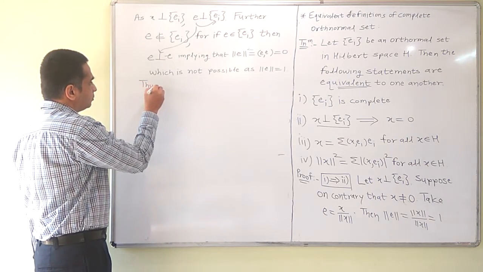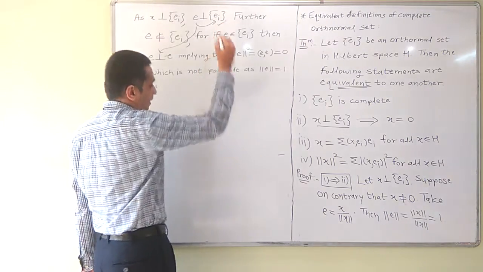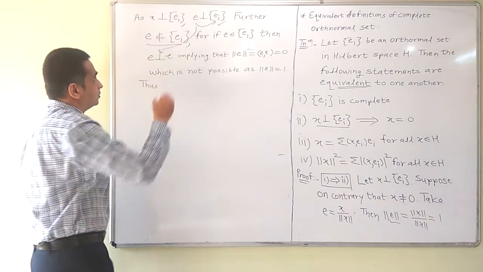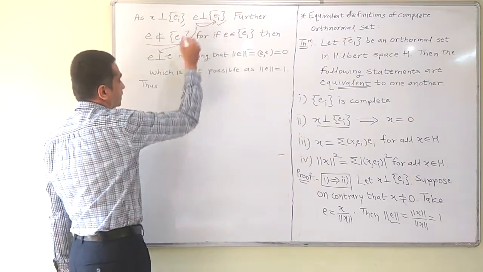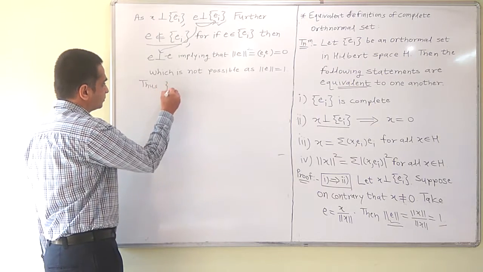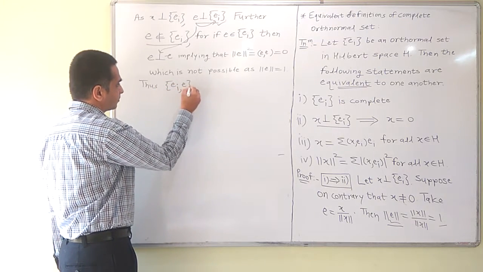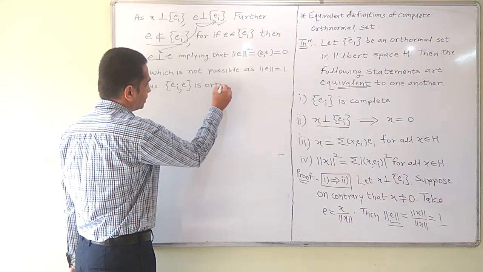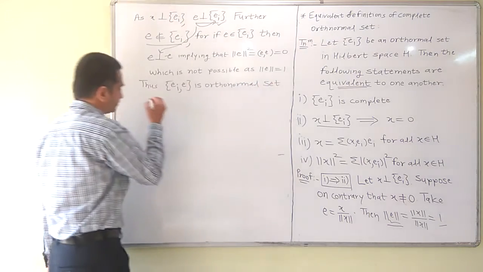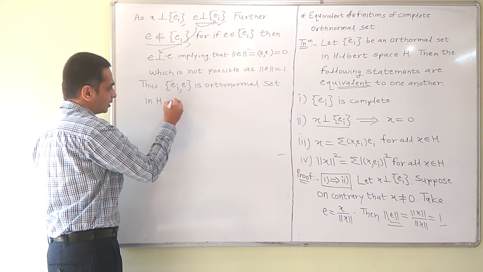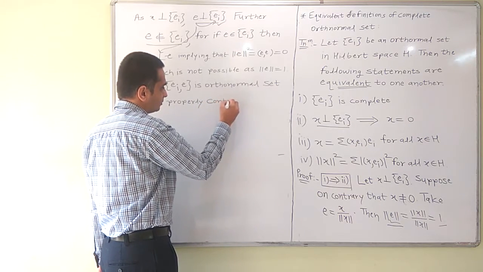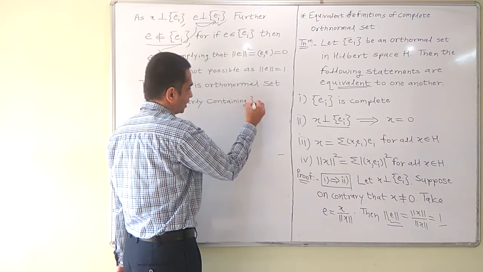Thus, if you take into account all these facts, e is orthogonal to E_i, its norm is 1, and it does not belong to the set E_i. Then the set E_i together with e is an orthonormal set in H properly containing E_i.